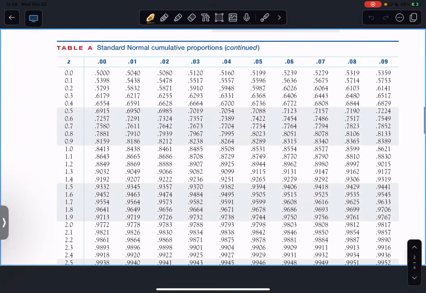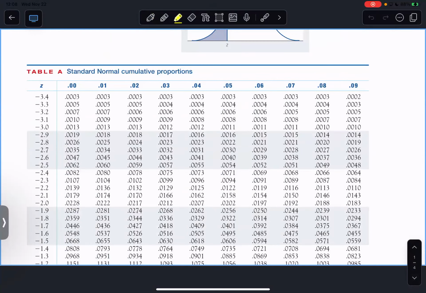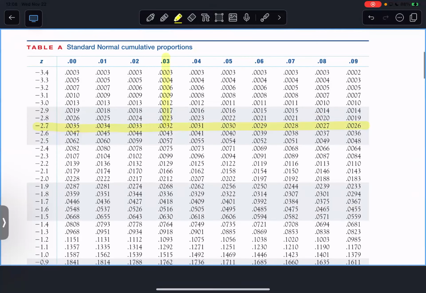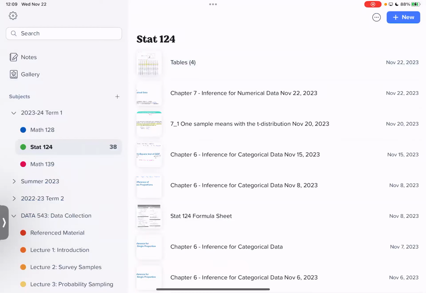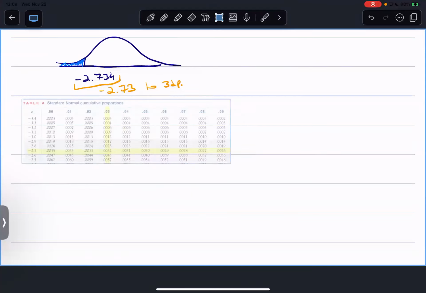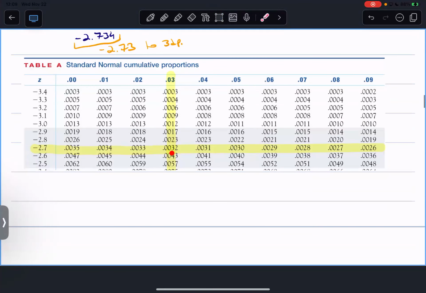So now if I go to my negative Z side, negative 2.73. I'll copy. The area to the left is 0.0032.